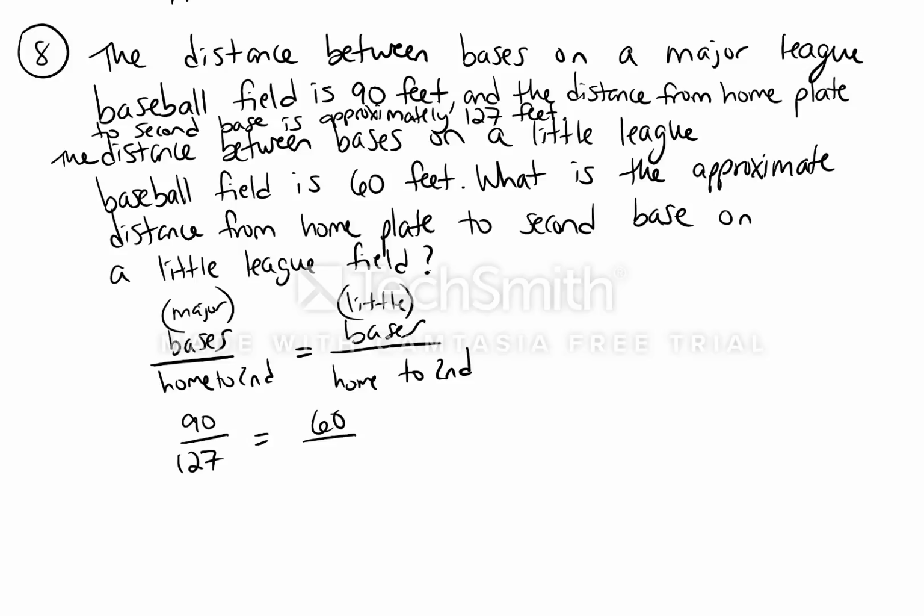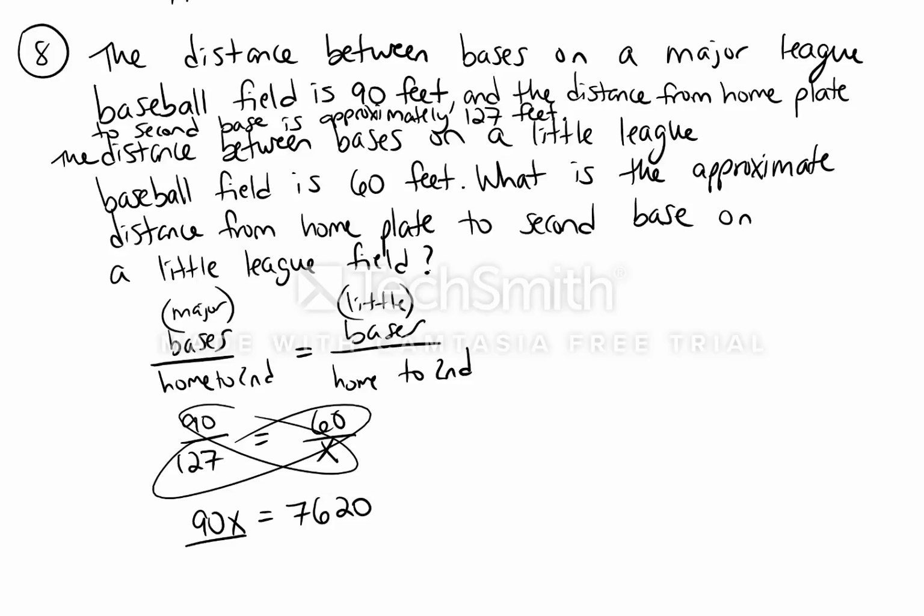Those are my stats for Major League. And I know that the distance between bases is 60. And I'm finding home to second for Little League, so I cross multiply. 90x equals 7620. Divide by 90. And I get x equals 84.6 repeated, which is going to be on your answer choices, C, 85 feet.